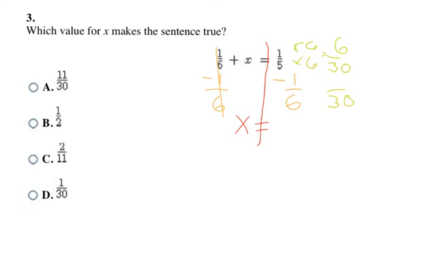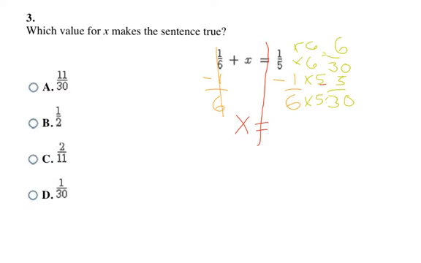And then 1/6, to get to 30 on the denominator, I have to take 6 times 5, which is 30. And I have 1 times 5 also on the top, and that's going to be 5. So I'm actually subtracting 6/30 minus 5/30.